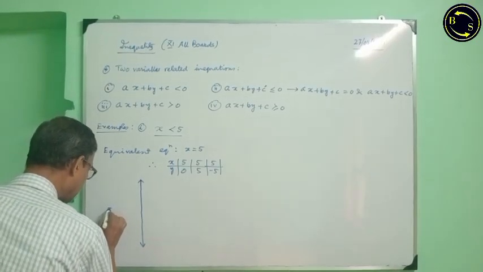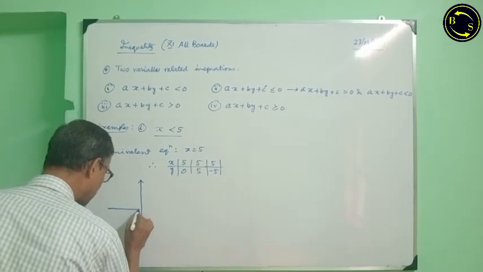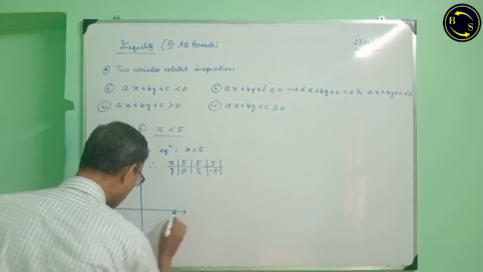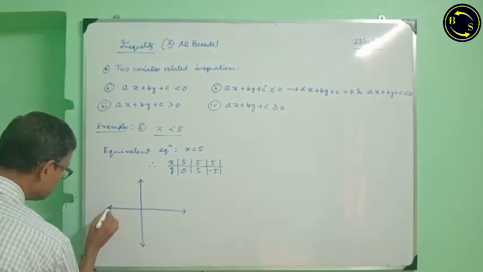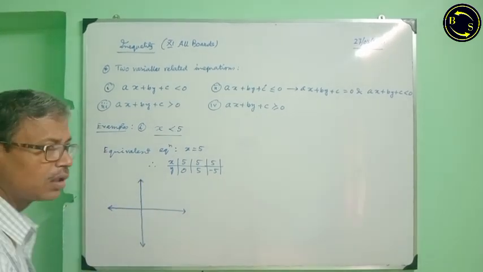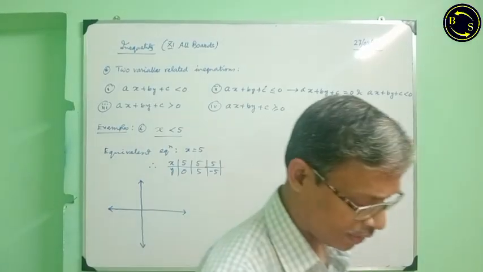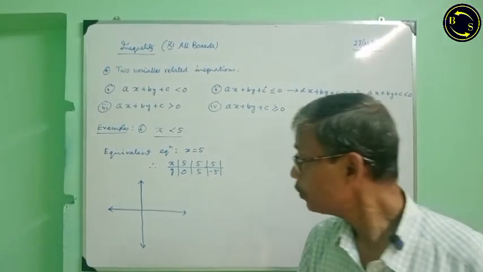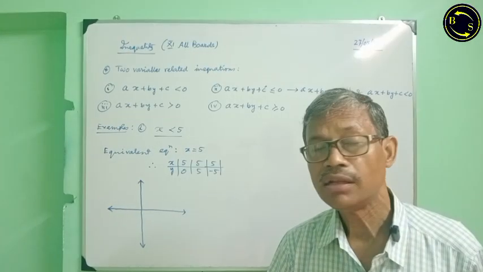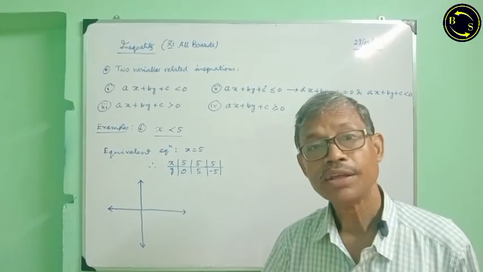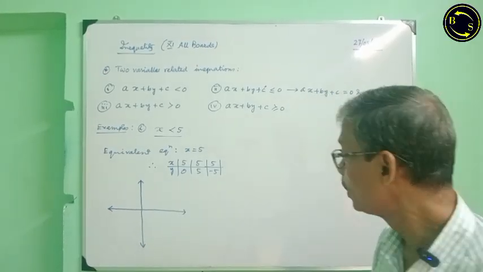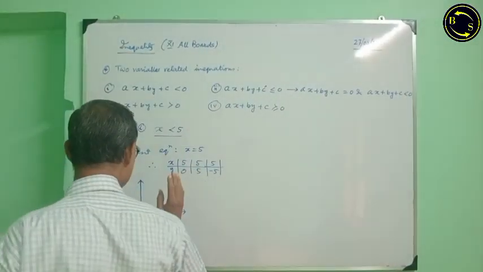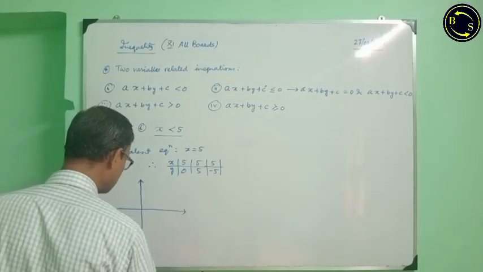Also, in this standard, 11th standard, graph paper may not be supplied. In that case, use your pencil and scale for scaling. Here x equal to 5 in every case.